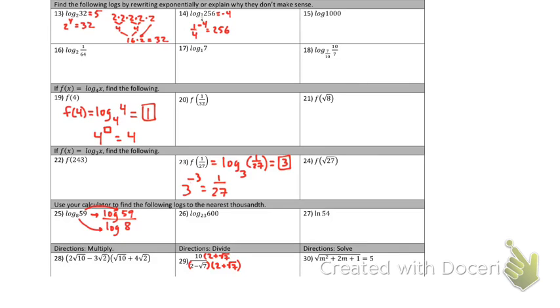Now we're going to distribute this. 2 times 2 gives me 4. Then 2 times positive radical 7 gives me positive 2 radical 7. Now negative radical 7 times 2 gives me negative 2 radical 7.